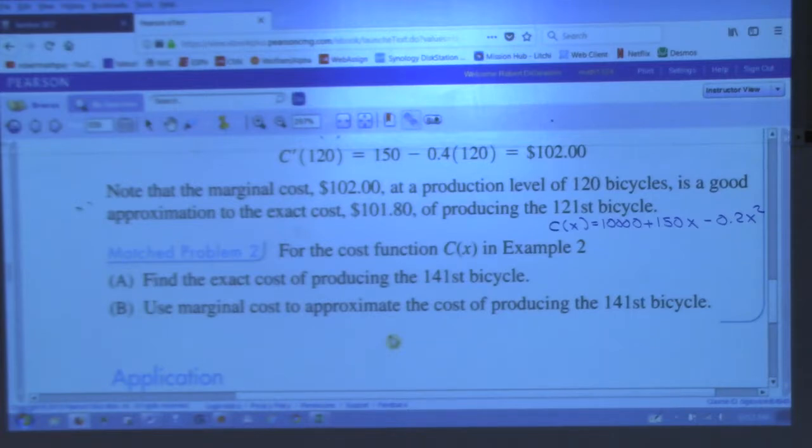Y'all got it? 93.80 and 94, right? Are you having trouble getting it? I got 93.4. Let's see. Let me go up here.